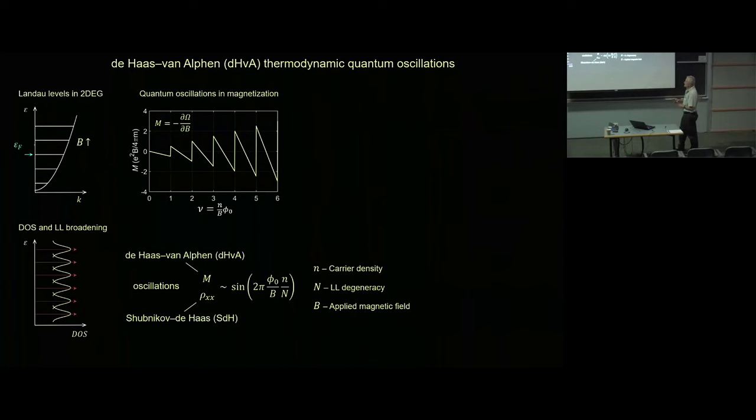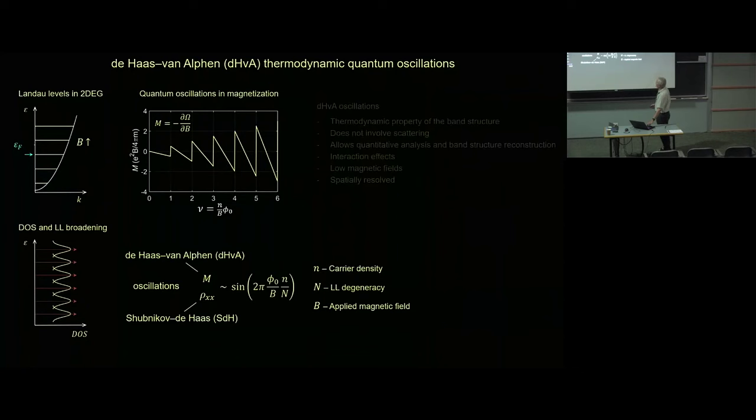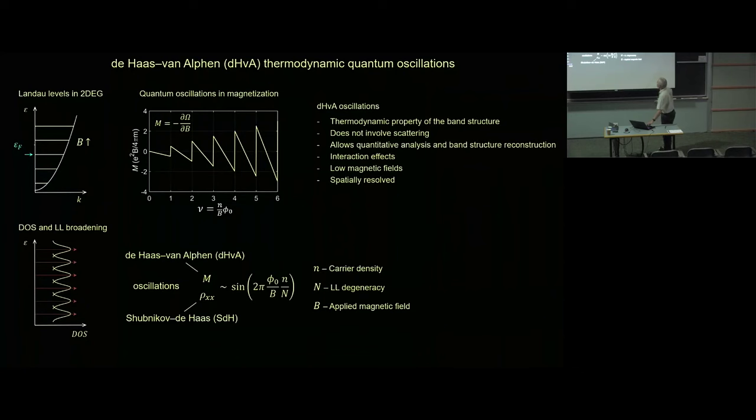And de Haas-van Alphen has not been observed so far in van der Waals materials, and in fact, it has several advantages. The most important one is that it's a thermodynamic property of the band structure, so you don't need to know anything besides the band structure. It doesn't involve any scattering, and therefore it allows very accurate quantitative analysis and band structure reconstruction, including interaction effects.